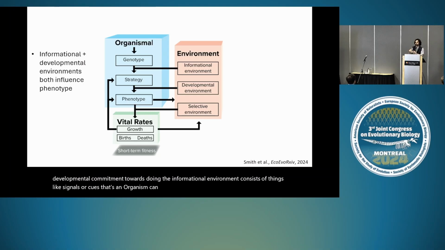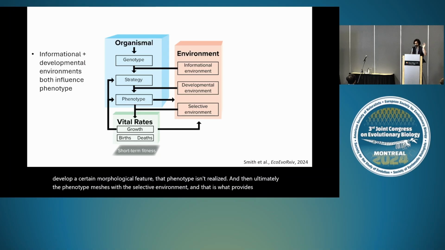That might be something like light availability or quorum sensing, something like that. The phenotype, and then the developmental environment is a conceptualization of how the developmental pathways are actually realized in terms of a phenotype. If there's insufficient resources to develop a certain morphological feature, that phenotype isn't realized. And then ultimately, the phenotype meshes with the selective environment, and that is what provides vital rates.